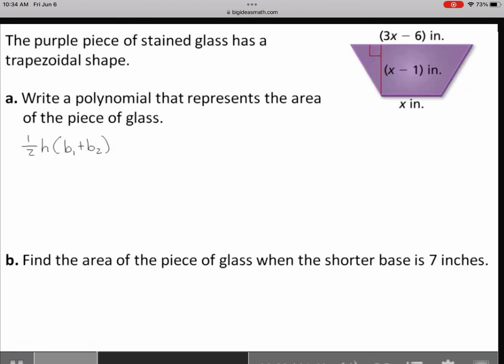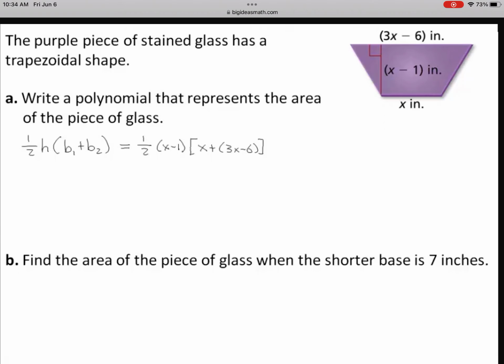Substituting x minus 1 for h, x for b1, and 3x minus 6 for b2 gives 1/2 times the quantity x minus 1 times the quantity x plus 3x minus 6, which simplifies to 1/2 times the quantity x minus 1 times the quantity 4x minus 6.